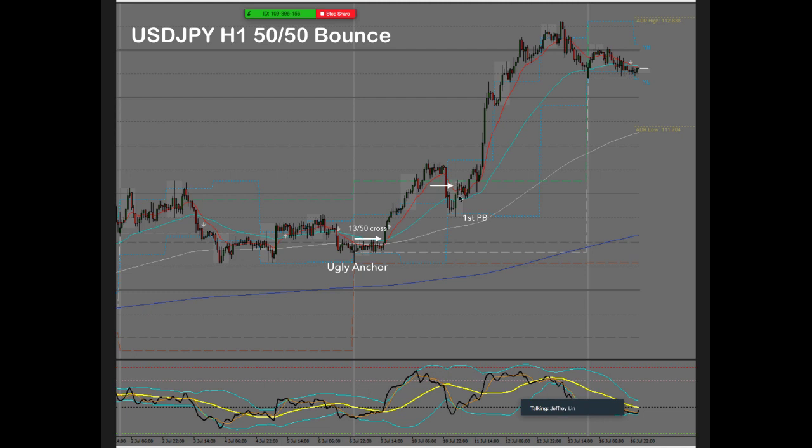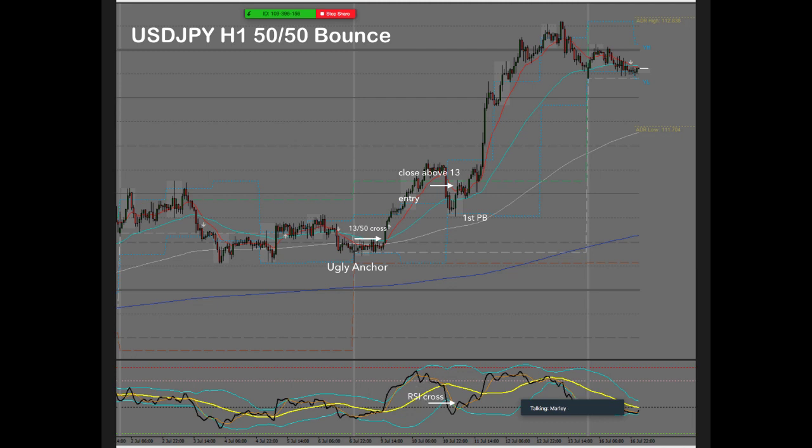Our entry here, we have our candle close above the 13, and then we're going to confirm with our RSI that crosses the signal line. Like I said, this doesn't have to cross above the market baseline, but it's better if it does. Obviously, it's stronger if it does. But it doesn't need to cross the market baseline, which is this yellow middle line here. So close above the 13 and your entry there.